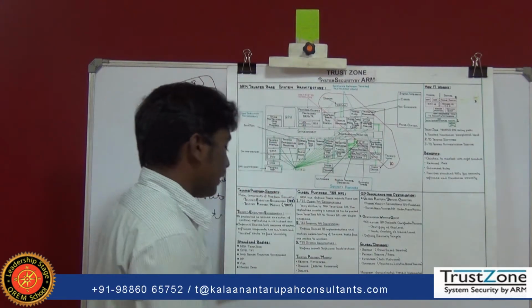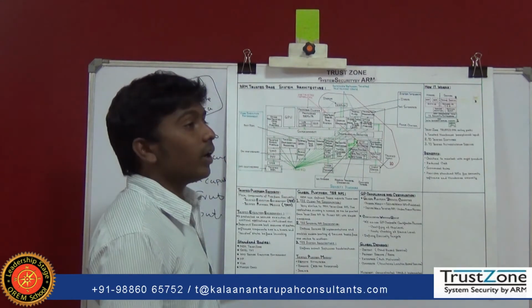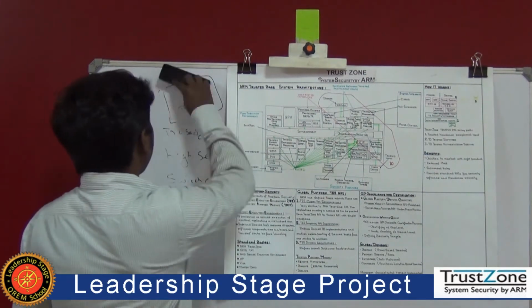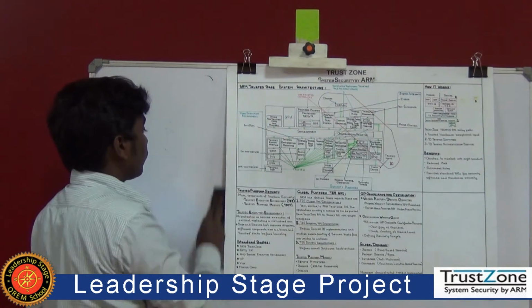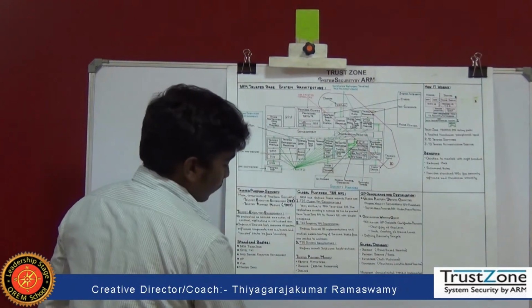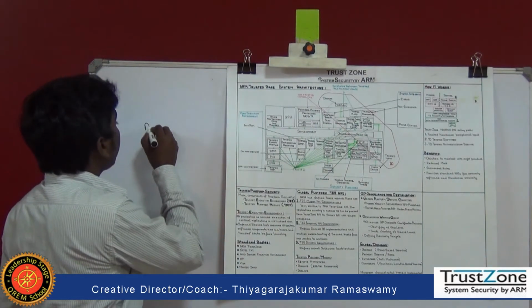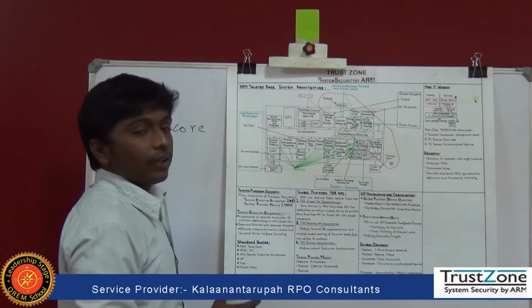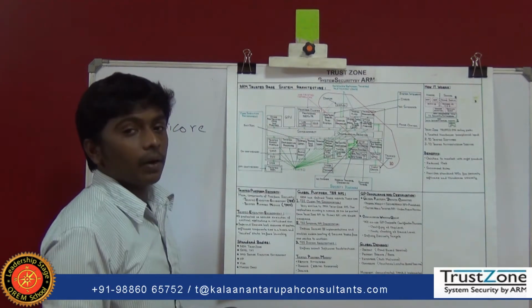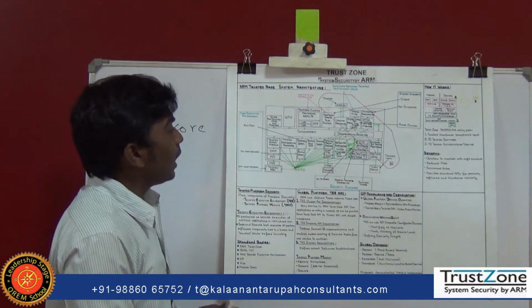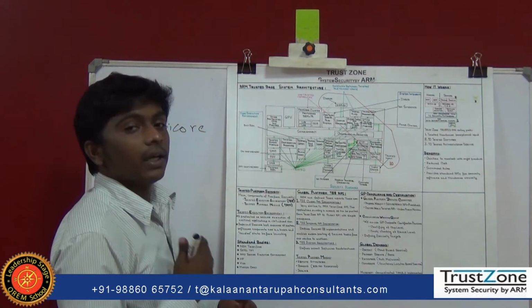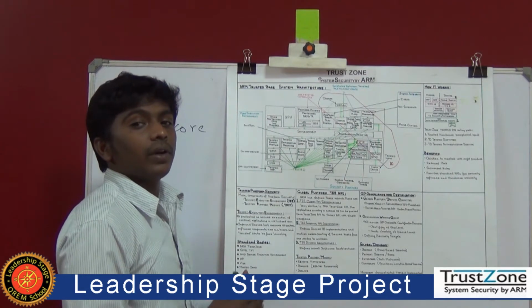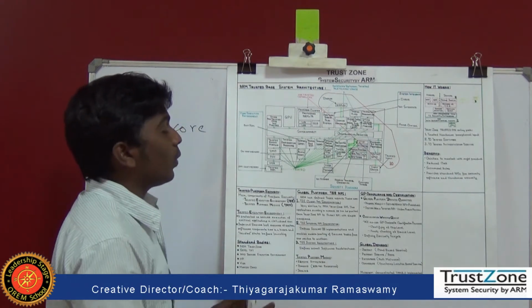And next, Trustzone technology is implemented in Android through MobiCore. MobiCore is a secure OS designed for ARM Trustzone technology, and it separates the normal OS and the isolated execution environment, that is the secure OS.